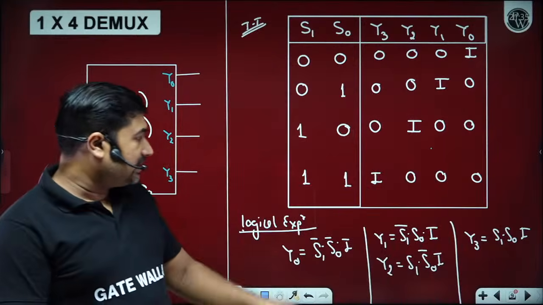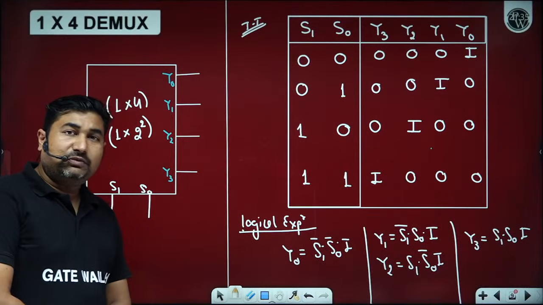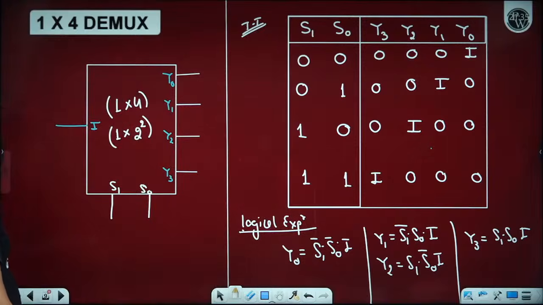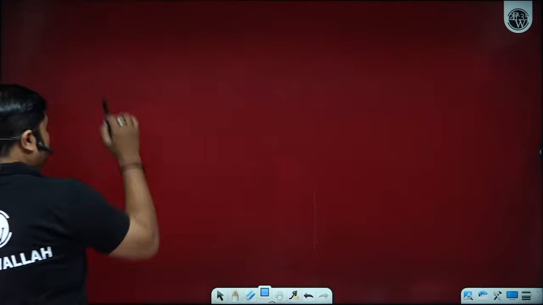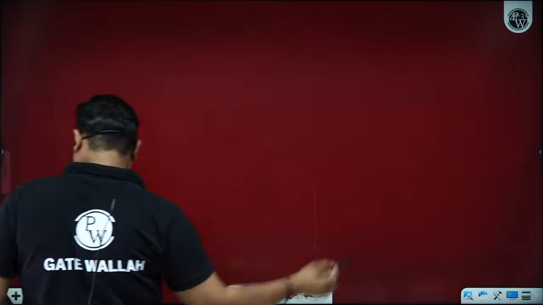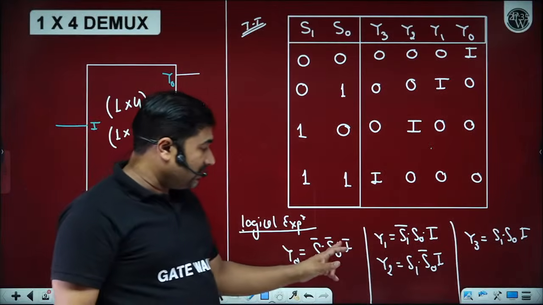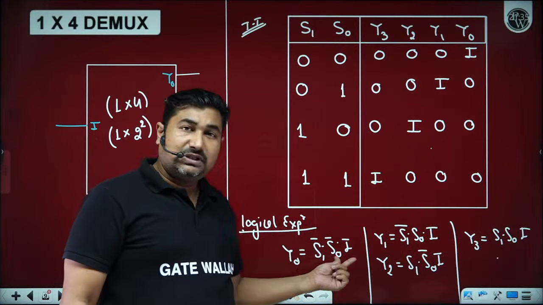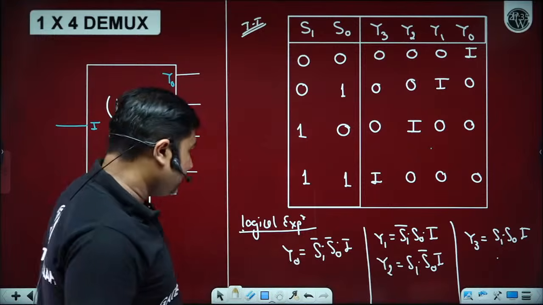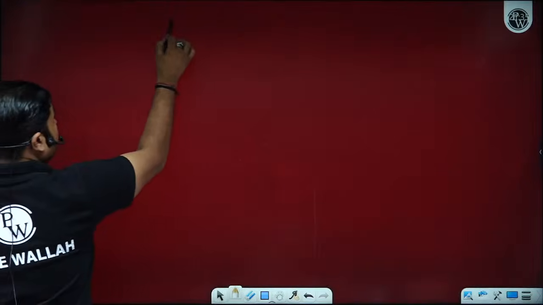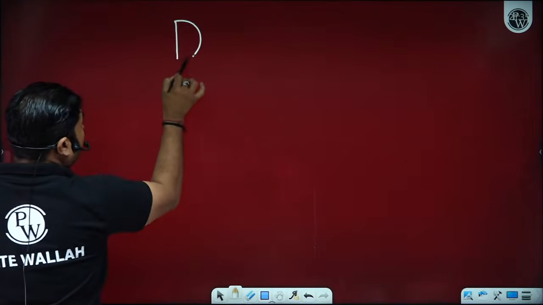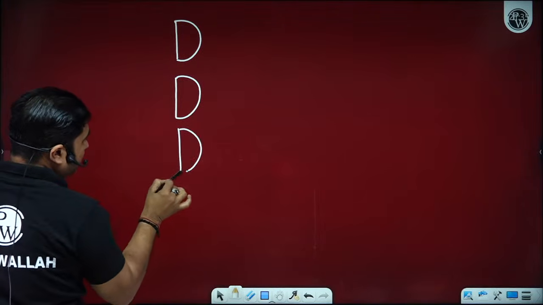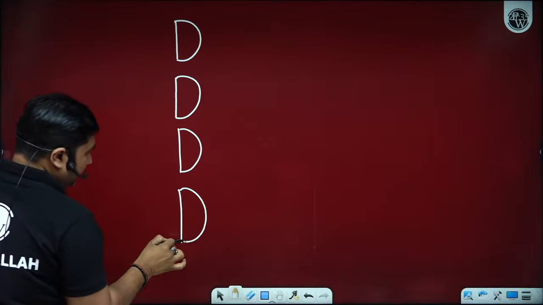So from these output equations, can we have a logic circuit of the 1 cross 4 demultiplexer? Yes, sir. If we talk about the logic circuit of the 1 cross 4 demultiplexer, it can be clearly observed that one input pin is connected to all, and depending upon the select line condition, the input is transferred to the output. As per the expression, we have 4 AND gates for Y0, Y1, Y2, and Y3. So I'm just drawing 4 AND gates.